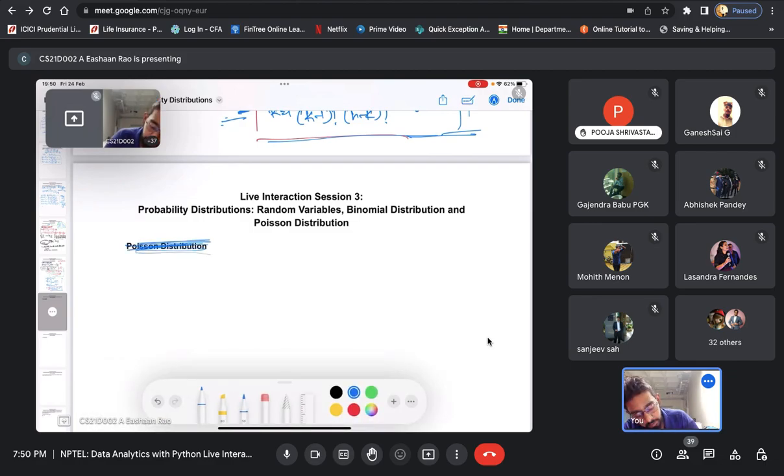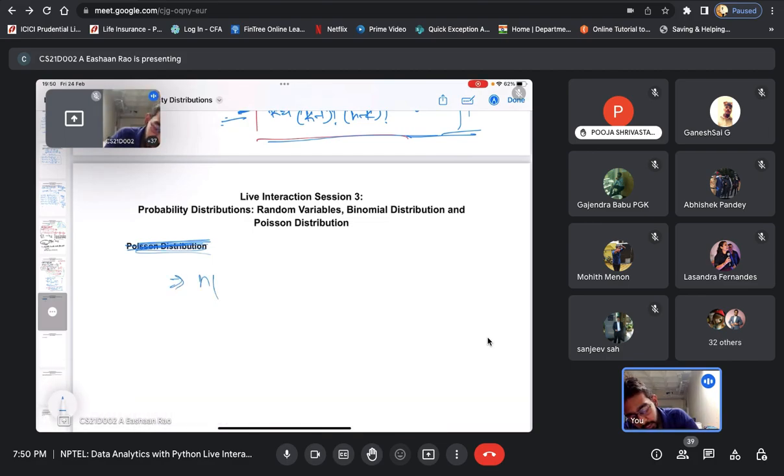So we have np, summation k equal to 1 to n, of n minus 1 factorial, k minus 1 factorial, n minus k factorial, and p raised to k minus 1, q raised to n minus k.